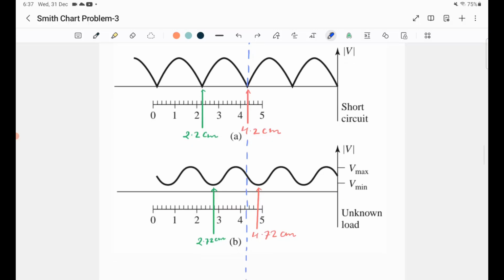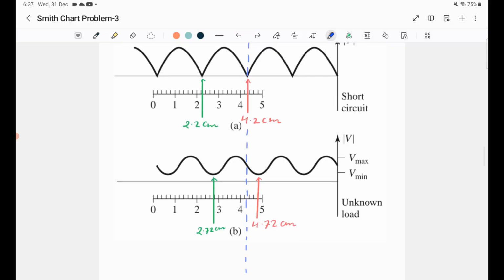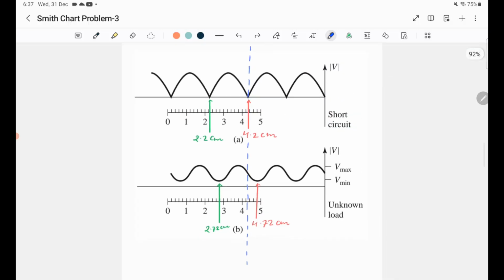Okay, so let us say that we move our short circuit from here to this point. That is why I have made this line, this blue color dashed line, as the reference point for placing the short circuit at the voltage minima position.